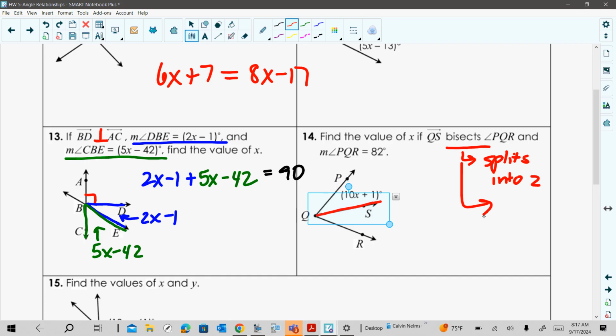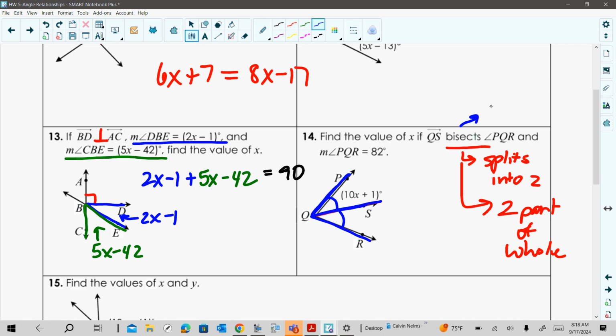Splits into 2 parts of a whole. Okay, so what are the 2 parts then? Yeah, PQS is one part and SQR is the other part.